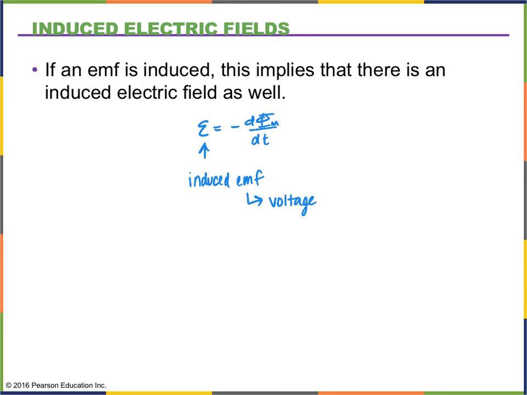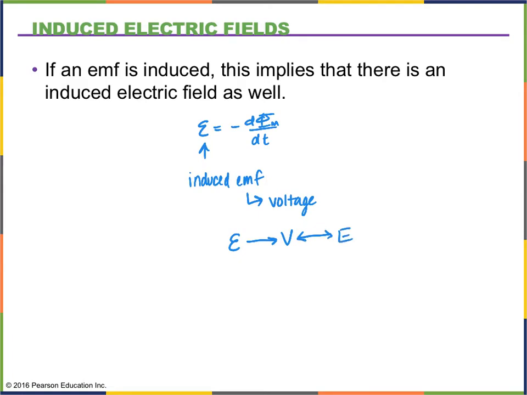But if you remember from previous chapters, we talked about electric fields and how they're related to voltage, etc. So we have this expectation that there's a relationship between the EMF, which is a voltage, and an electric field.